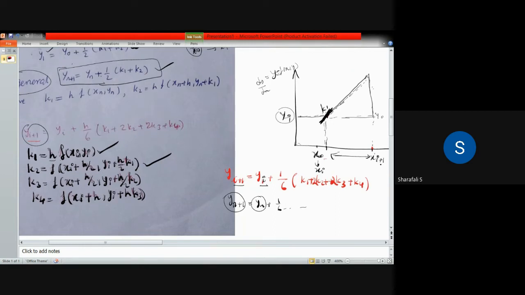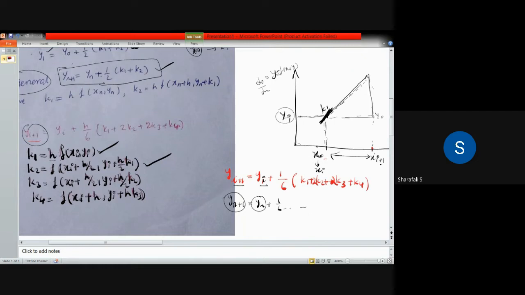Now if you consider the other values, K1 we already discussed: K1 is nothing but the slope at x0, y0, the initial point that we know, multiplied with h.